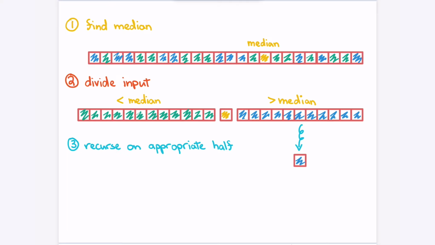But what about the right side? If you wanted to rank k overall, but now you're looking just amongst the blue, you want to subtract out everything you removed. So you want to update k to be something like k minus n over 2, being careful about that fence post error. So that's one thing to keep in mind.